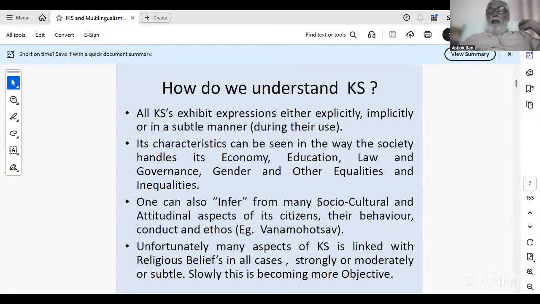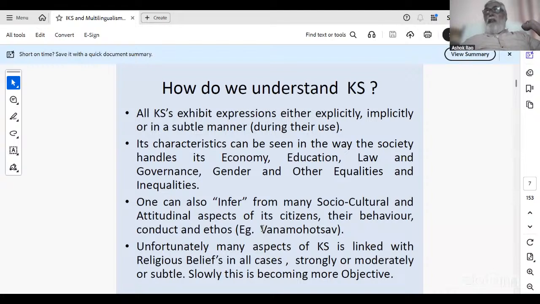One can also infer from many socio-cultural and attitudinal aspects of its citizens, their behavior, conduct, and ethos. That will give you an idea what knowledge system they are following. For example, we have a festival called Vana Mahotsav where we worship and revere the trees. No other society other than the indigenous knowledge, tribals, revere the trees.